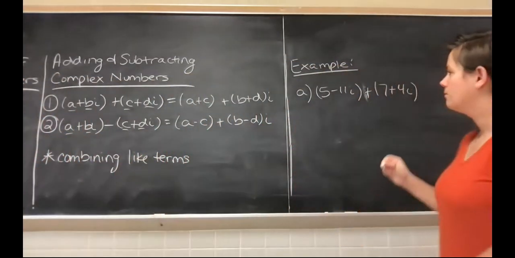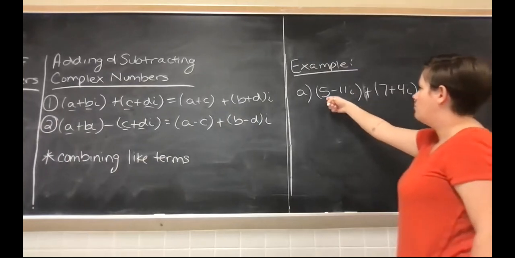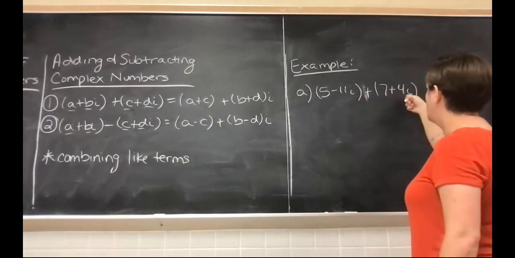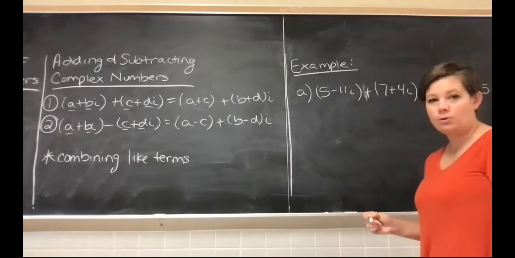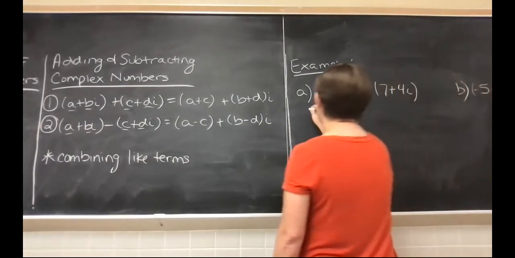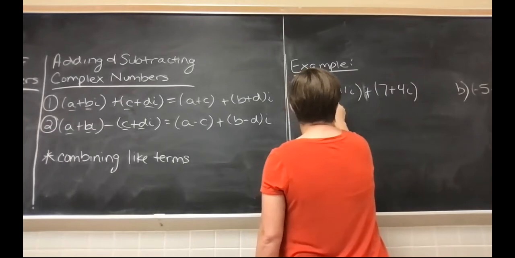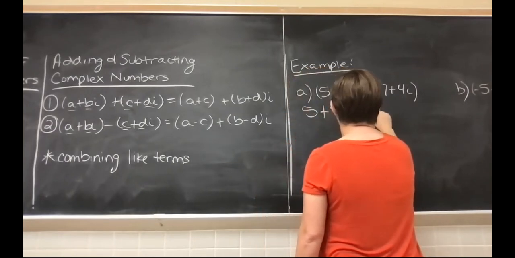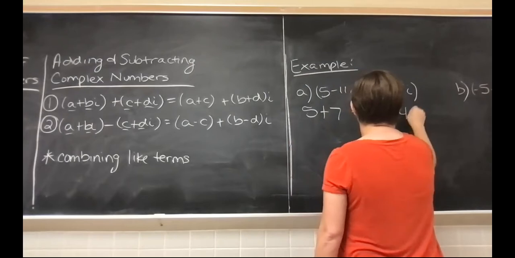So here's our first example. 5 minus 11i plus 7 plus 4i. So I'm going to regroup this so that I have my real parts together and my imaginary parts together. So I have 5 plus 7, minus 11i plus 4i.